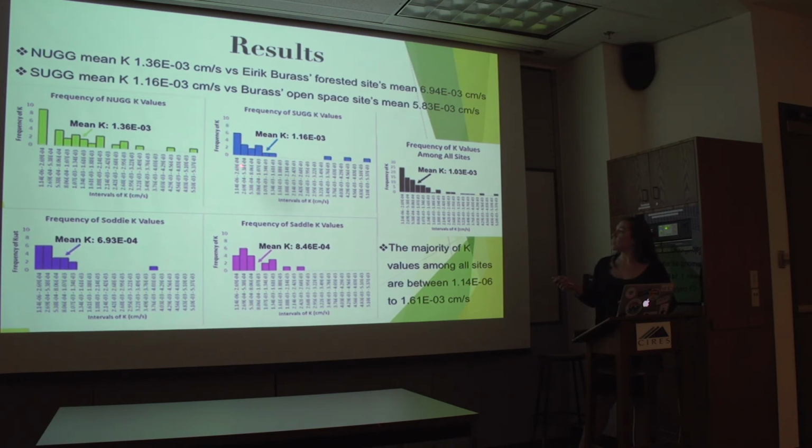On the x-axis are the intervals of those K values and the frequency of them. So there's a really high amount of low conductivity, really slow moving water through the soil. And that shows up throughout all of these sites. And here is the frequency of all the values of all the sites. Again, some outliers, some fast-moving areas, maybe those sandier soils. But for the most part, they are really slow, low conductivity within the mountains here.